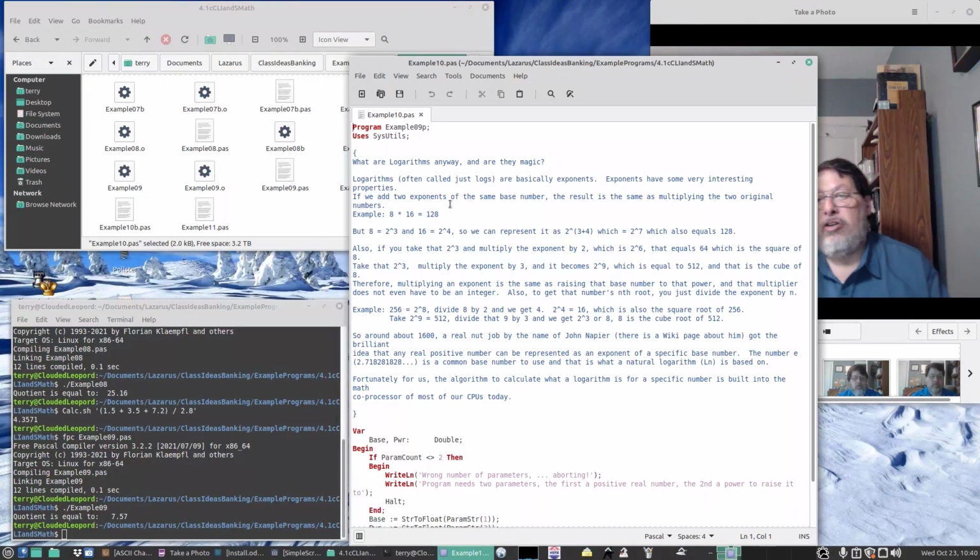Logarithms, often just called logs, are basically exponents. Exponents have some very interesting properties. If we add two exponents of the same base number together, the result is the same as multiplying the two original numbers.